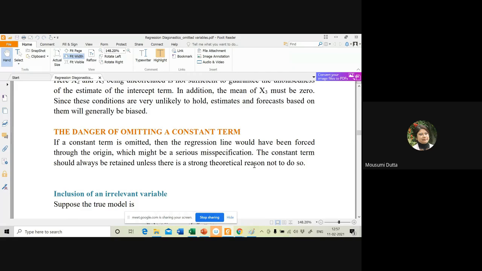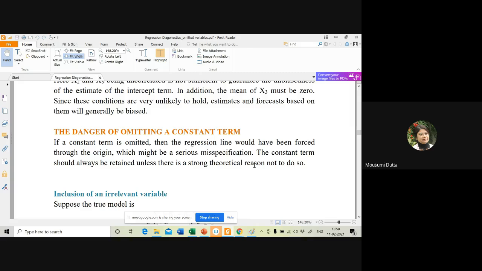So when you proceed with your applied courses and develop your empirical research, remember that generally we will fit a model with the intercept term, because under many circumstances, otherwise, that will be a serious misspecification by itself. The true model is actually not passing through the origin. Okay. So in general, you should keep the constant term in the model.